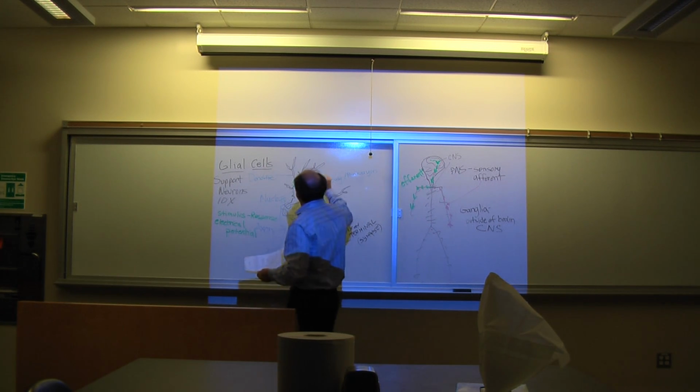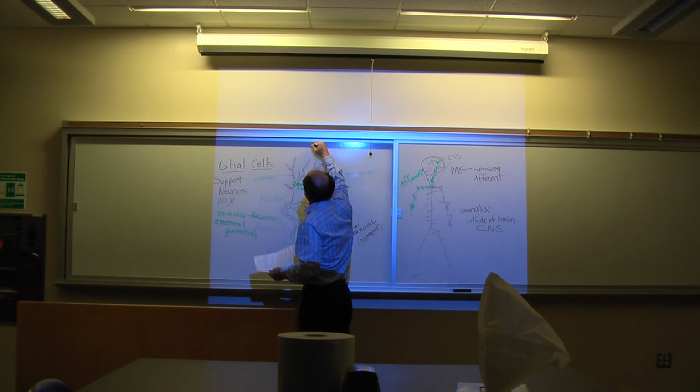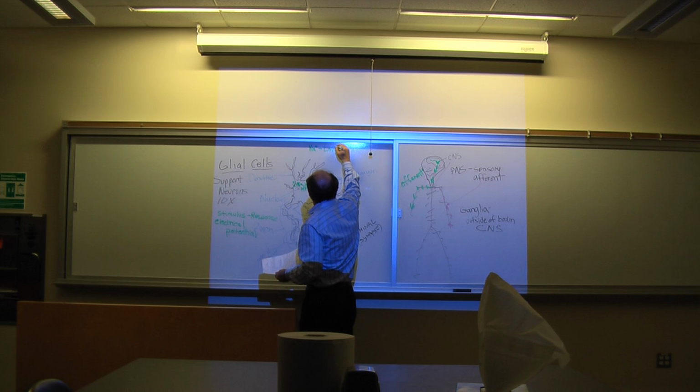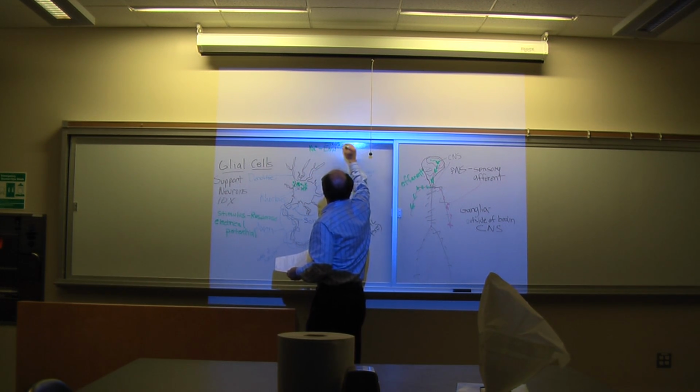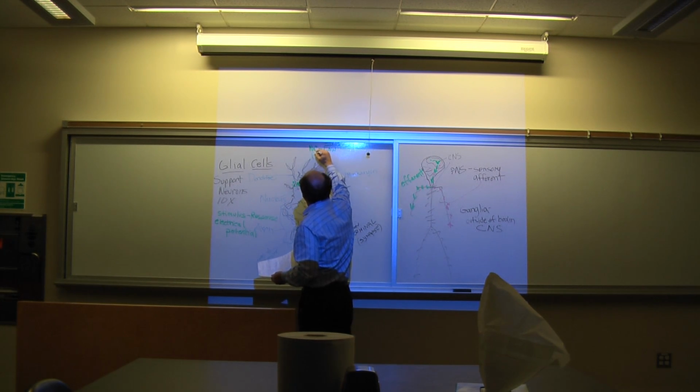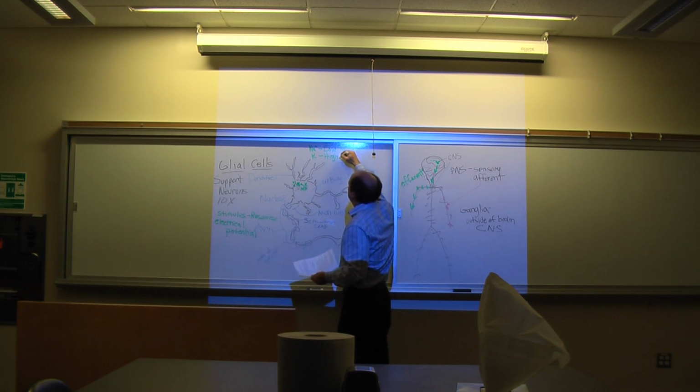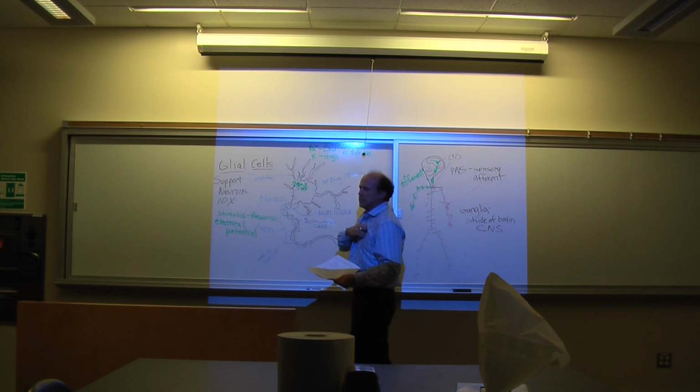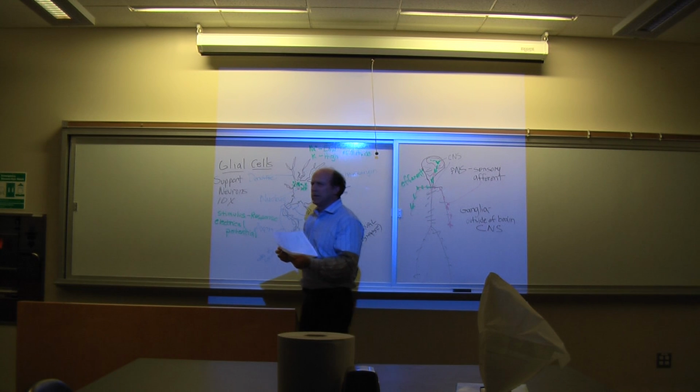And it keeps the inside of the cell, the sodium level, low, but potassium is kept higher than the outside. Low, high versus outside. Right?